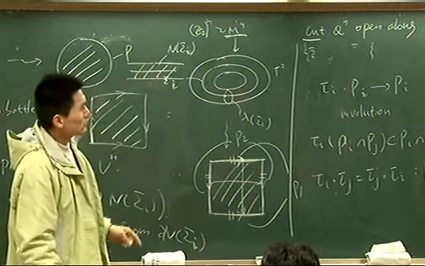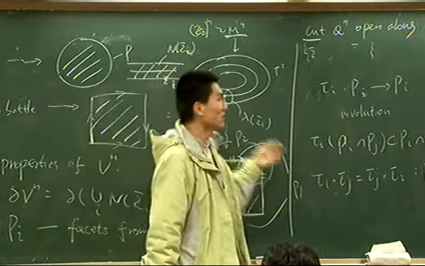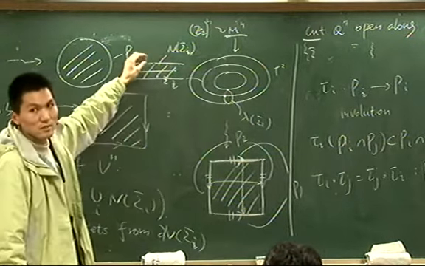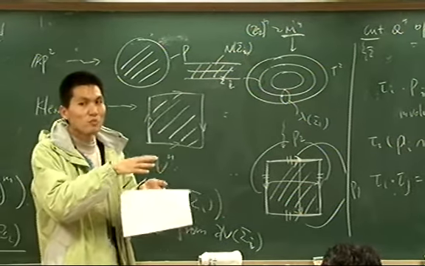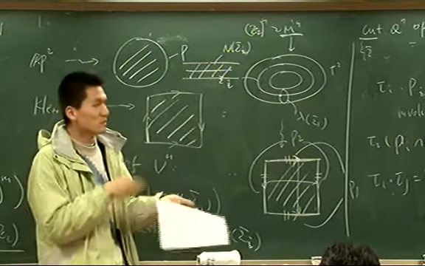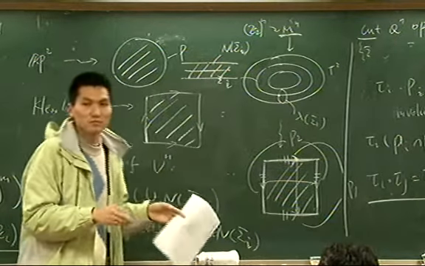But actually there's some subtlety here. You cannot directly choose tau I as just the deck transformation of this double covering. Sometimes at their intersections, we must deform it locally to make them commute. This condition is kind of technical.